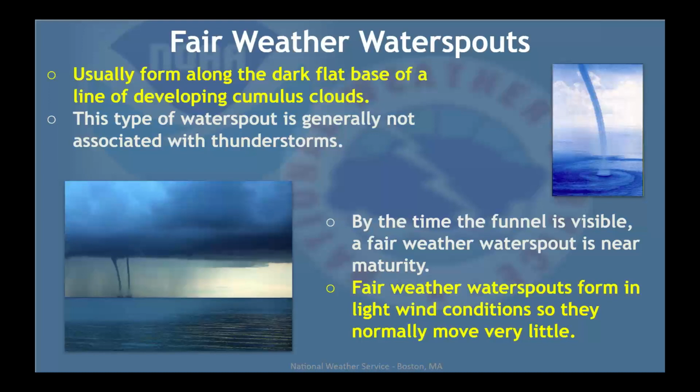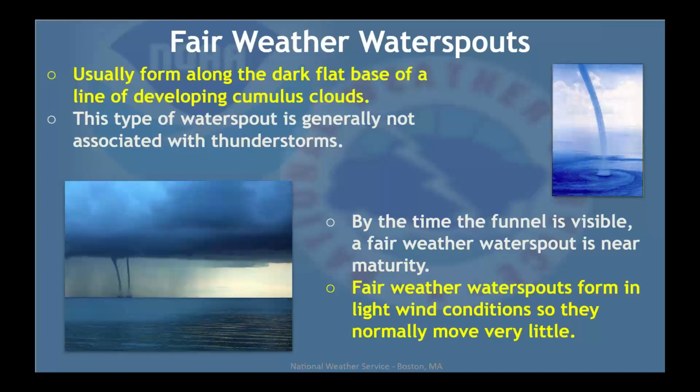It can often be associated with just typical fair weather cumulus clouds. When we start to see the actual funnel of the waterspout, that means it's near maturity. It's been growing, it might just have been invisible to the naked eye. By the time we see it, it's about to reach its mature stage.